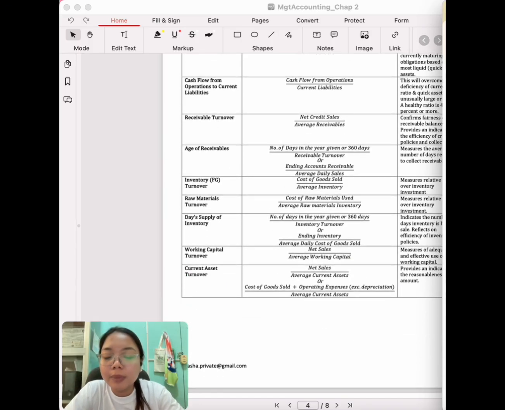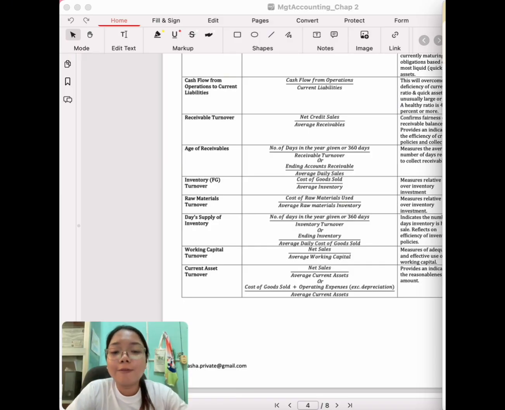Ayan. Tatapos na natin. So, days supply of inventory, this indicates the number of days that inventory is held for sale. So, yung formula dyan is 360 days divided by inventory turnover, or dalawang formula dyan, ending inventory divided by average daily cost of goods sold.